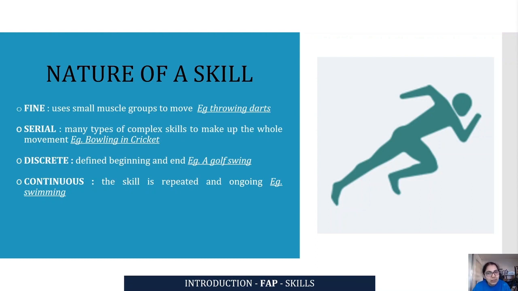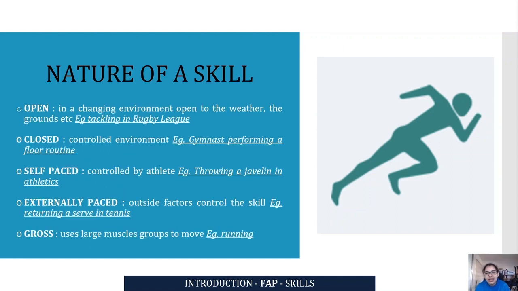So there's a defined beginning, you pull it back and then you hit, and there is a defined end. However, a continuous skill is like the opposite of that. So when the skill is repeated, there's no end or beginning, it's just sort of repeated, it's ongoing, like swimming.